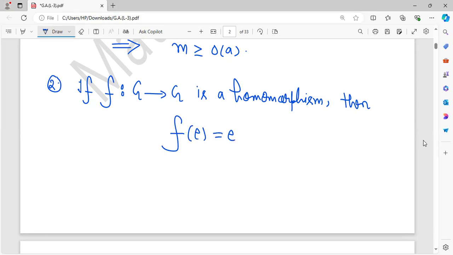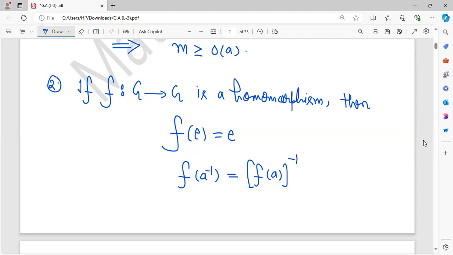And the inverse of an element maps to the inverse of the image.